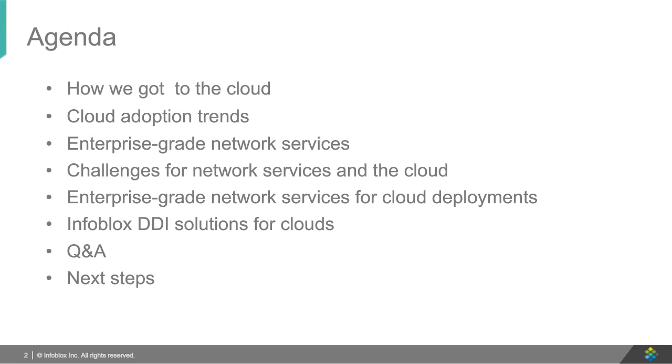So we'll go through those relatively quickly and then get into the meat of the webinar, and that is, what are these enterprise-grade network services for the cloud? What are they, what do they do, and what do they do for you? And we'll talk to you a little bit about our solutions and then get into the Q&A and what next steps could follow. So with no further ado, let's just talk about how we got from here to there.